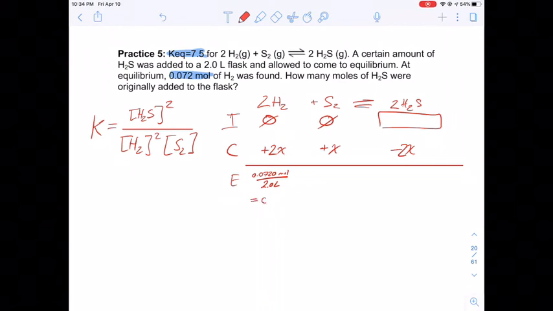So that value is 0.0360 molarity. Okay, so we do actually know quite a bit here. The only thing we don't know is we're going to have some trouble with this number over here.